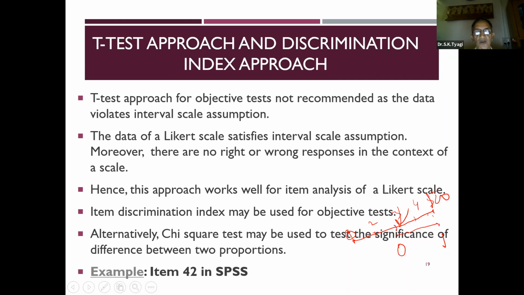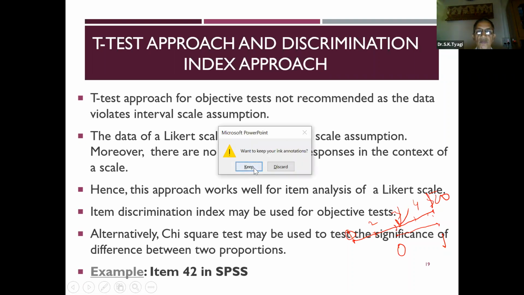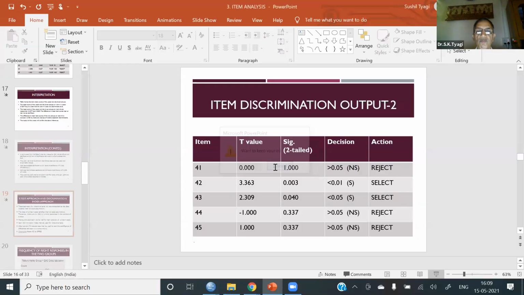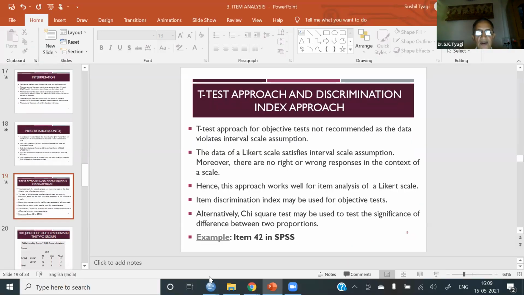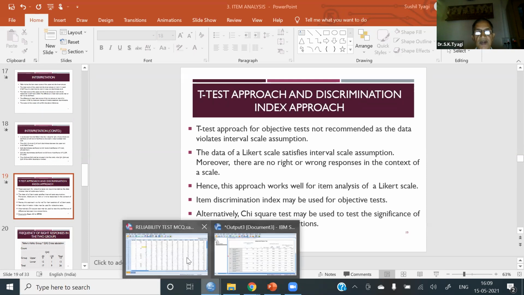Let us see how to use this chi-square approach in the context of item number 42. So I go to the data. The data is already open, same data.